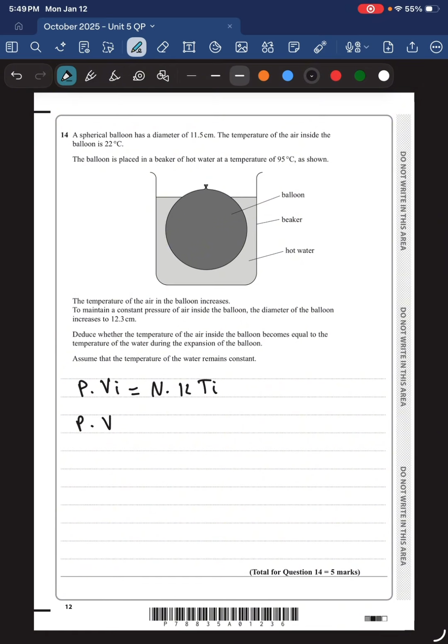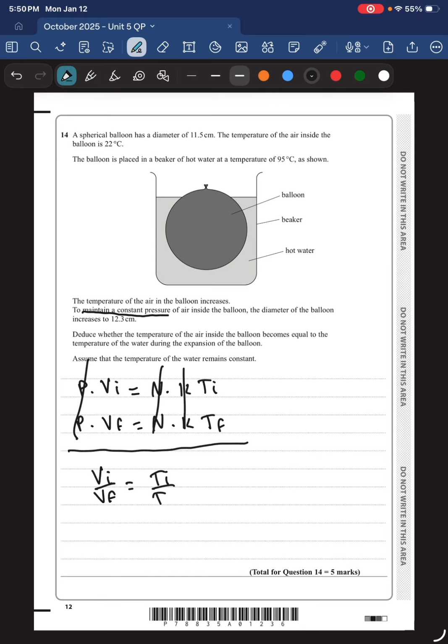They actually tell us that to maintain a constant pressure, so the pressure is constant. So P times the final volume of the balloon is equal to N, the number of molecules, which is the same as before, times Boltzmann's constant times the final temperature. Now we can divide and get rid of many things here. P goes away, N goes away, k goes away. So V_i over V_f is equal to T_i over T_f.